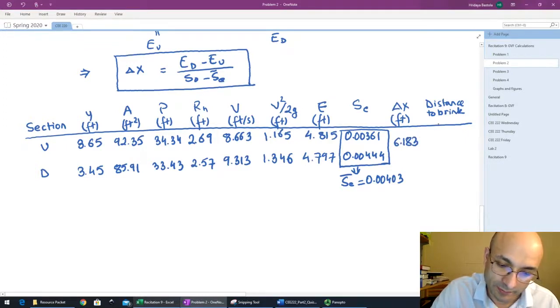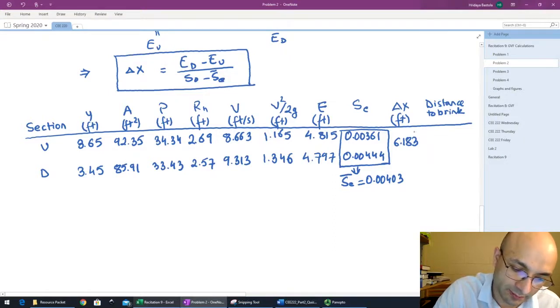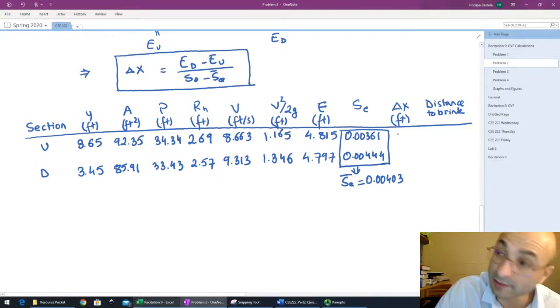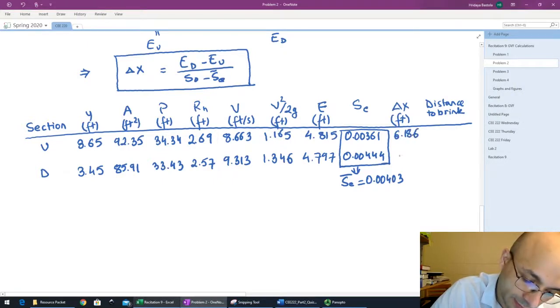And this one from the brink itself is going to be the same distance. So if we are to put this at a proper location, we are probably better off putting the delta X here with the upper section, 6.186, and the brink is at a distance of 0 from itself. And so distance to brink is going to be 6.186.